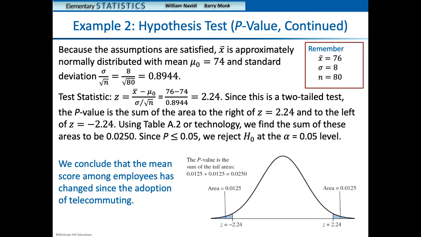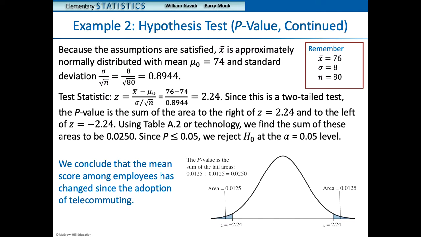The next step is to compute the test statistic, or the z-score, again assuming that the value of mu is equal to 74. So we have 76 minus 74 divided by sigma over the square root of n. That gives me a z value of 2.24.